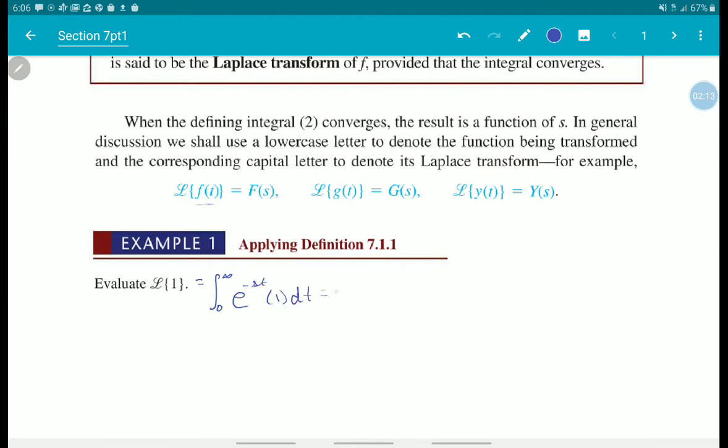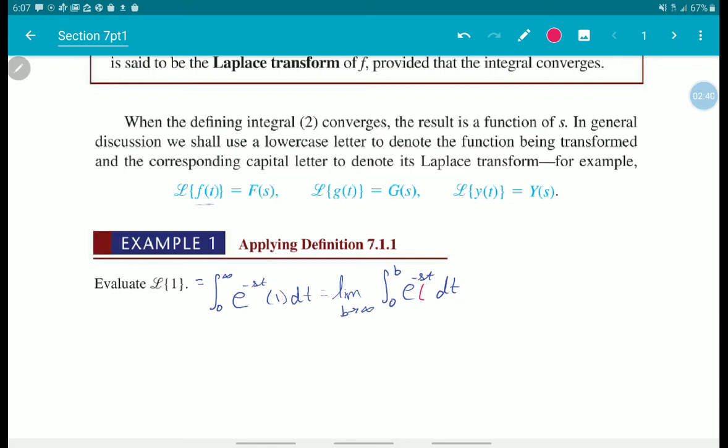This is going to require us to apply the limit as b goes to infinity, and we're going to replace that upper bound of infinity with b. So when we integrate this, remember t is the variable we're integrating with respect to, so we're treating that negative s as a constant.